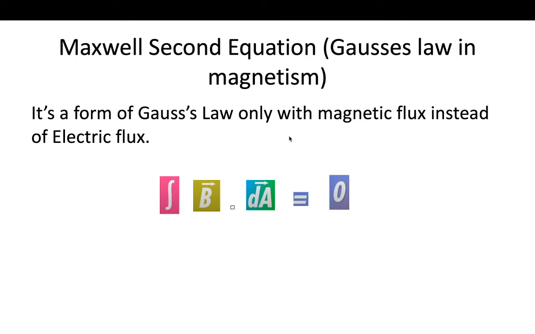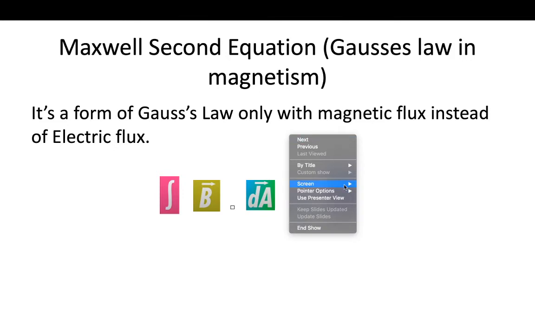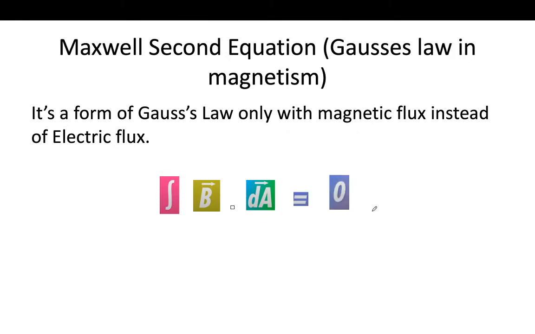So here, what does this equation represent? The equation first of all has the closed integral, B represents the magnetic field, dA represents the area of the surface, and why is it 0?